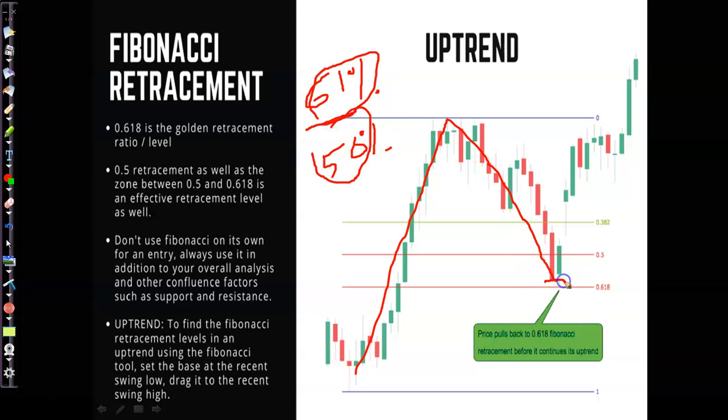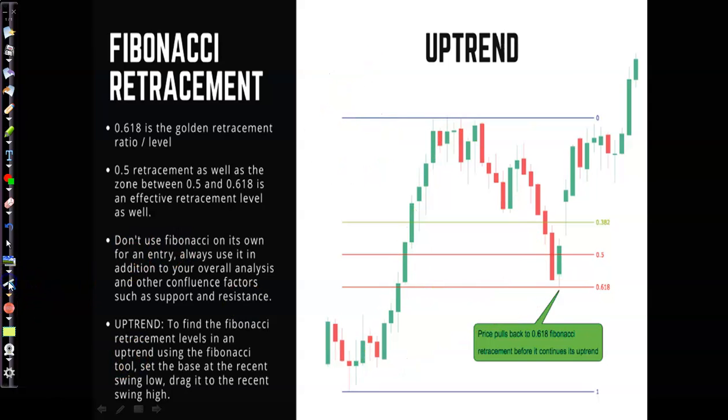Exactly when price retraces to this level, we look for a bullish confirmation, and at that time we use moving average or another support and resistance. We will discuss that later. So remember, basically we use 61% retracement and 50% retracement.